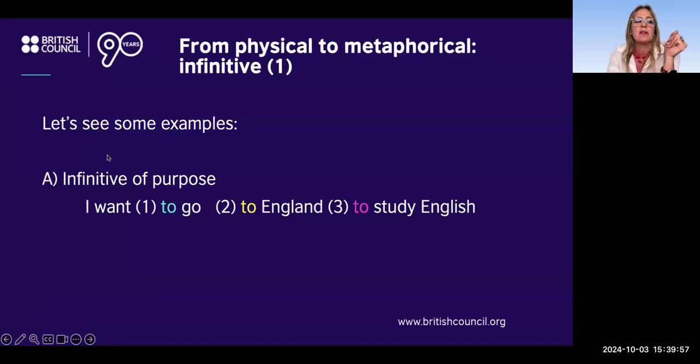The first is I want to go. Again, want requires a to-infinitive because wishes, desires are projected in the future, so goal-oriented. To England is the preposition of motion, so again, goal-oriented, forward-looking. And even the infinitive of purpose, so the reason why I'm going to England, to study English.